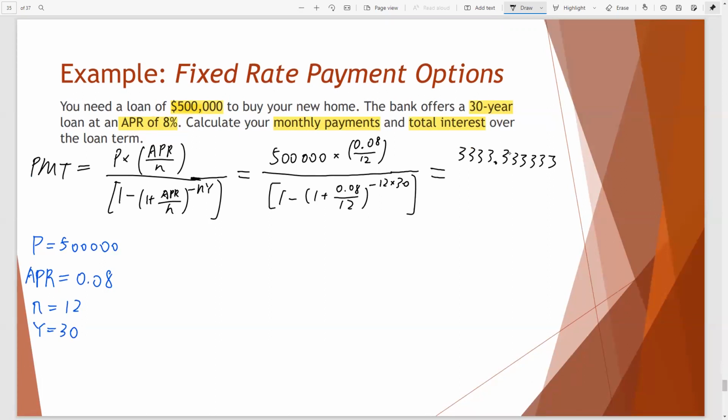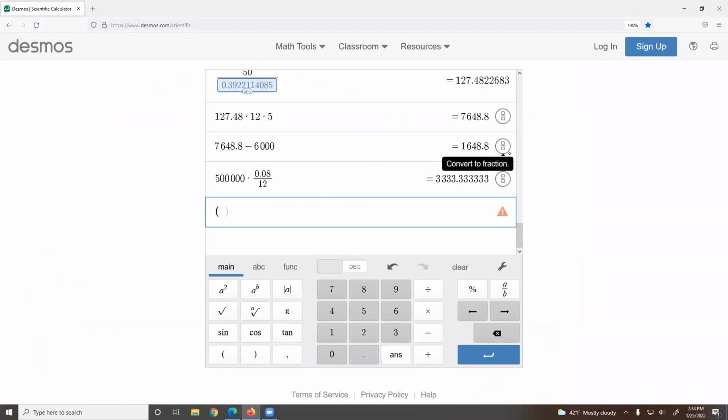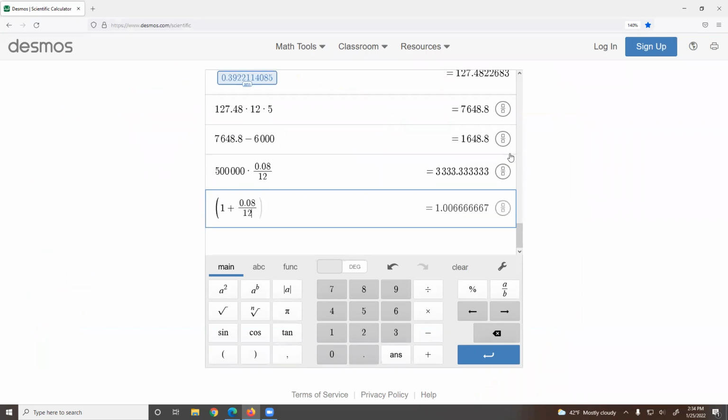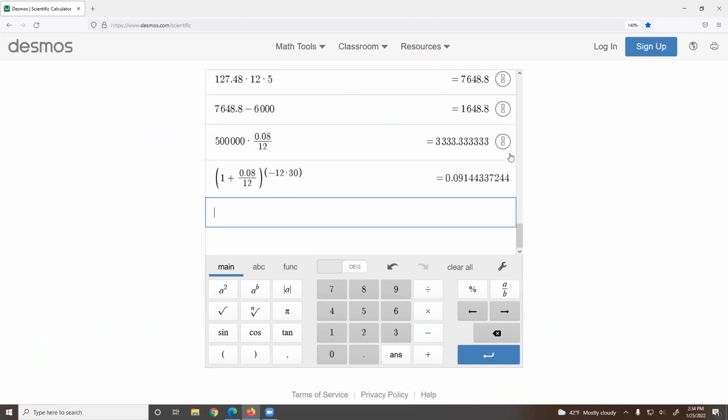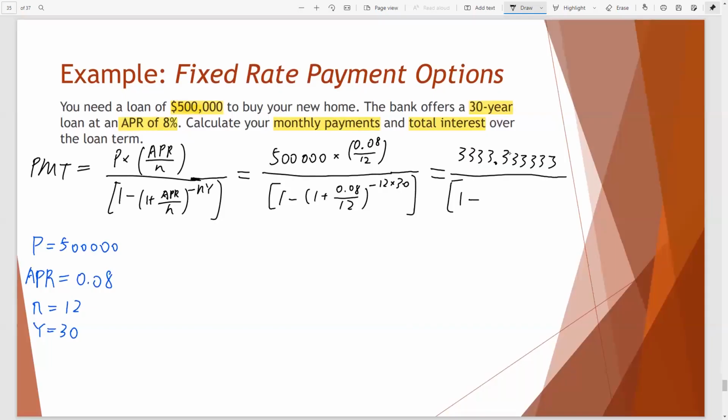No matter what that is, that's the one shown on our calculator, just record it down. And the bottom number, 1 plus 0.08 divided by 12 raised to the negative 12 times 30, that's the 30-year payment. That's 0.09144.